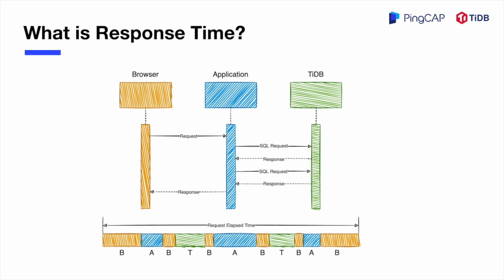For users, response time includes the time it takes for a request to be initiated from the client side, sent via the network to the application side, forwarded by the application side to the database, processed by the database, and the result returned to the application side. Finally, the application side sends the result back to the client side.